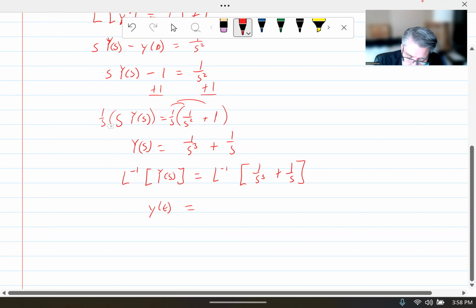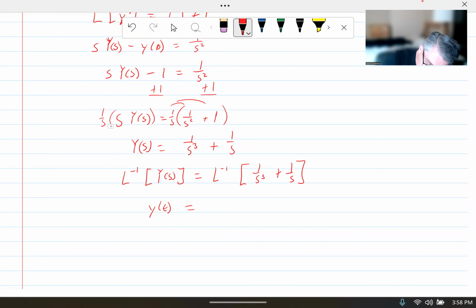I can break this up into two inverse Laplace transforms: the inverse Laplace transform of 1 over s cubed plus the inverse Laplace transform of 1 over s. I know the inverse Laplace transform of 1 over s; we just saw that, it's 1. If I check my table of Laplace transforms, 1 over s is just 1, so this just becomes plus 1.